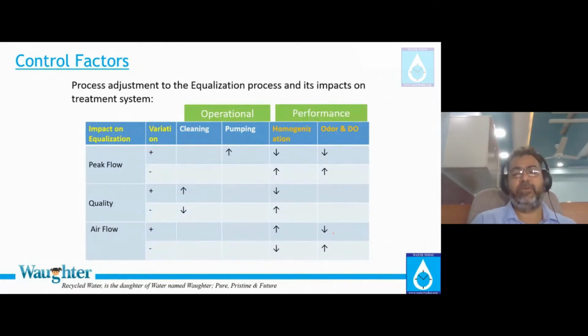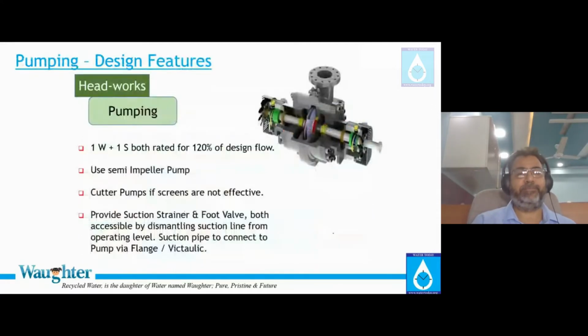Lower the airflow, homogenization will be a problem, and odor buildup will take place. So take a printout of these small slides and put them into the operation SOPs of the plant people, and they'll understand the control factor, even for a tiny equipment like an equalization tank.